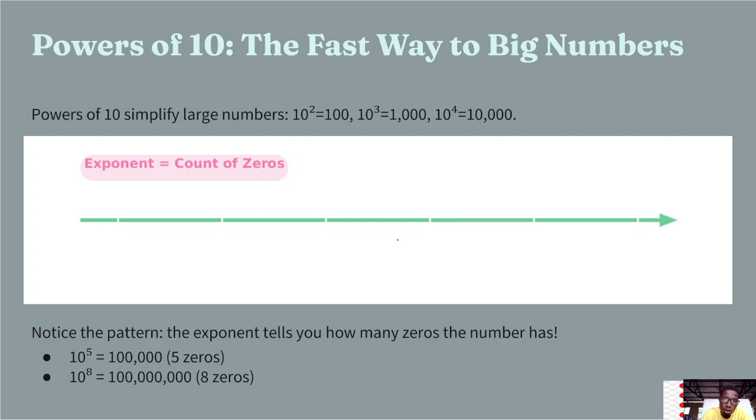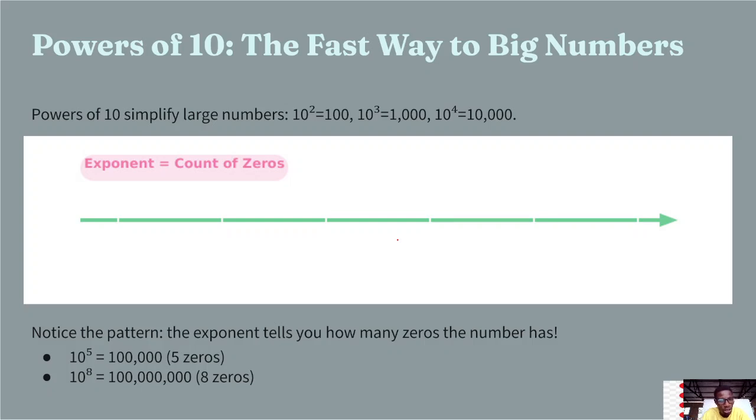So 10 exponent 2 means you write 1 with 2 zeros attached. 10 exponent 3 means you write 1 with 3 zeros. 10 exponent 4 means you write 1 with 4 zeros. With powers of 10, it is easy to remember: you just write zeros equal to the exponent, and then you are done.